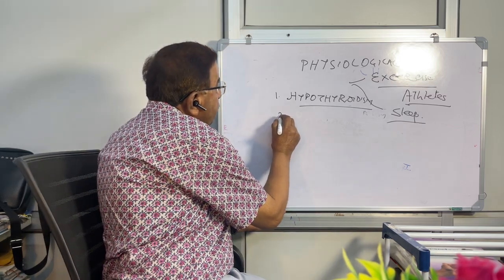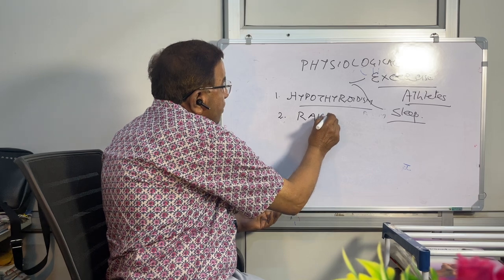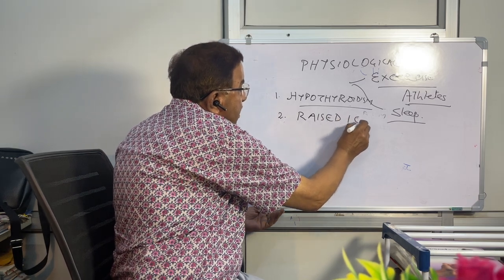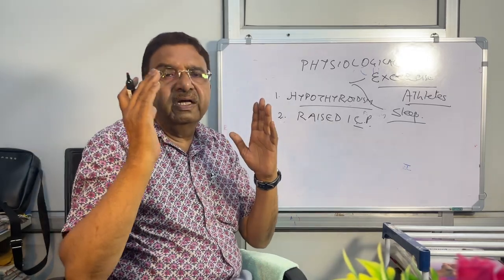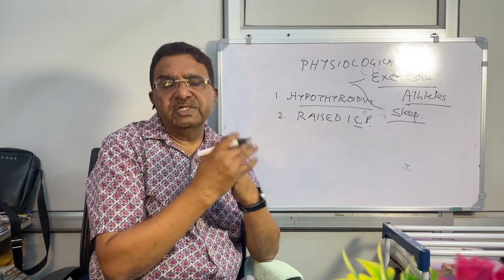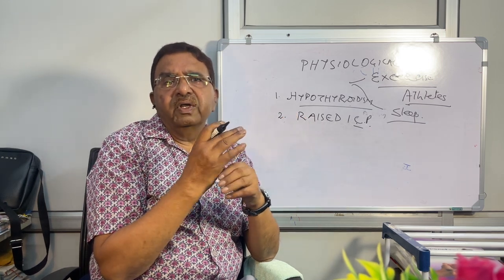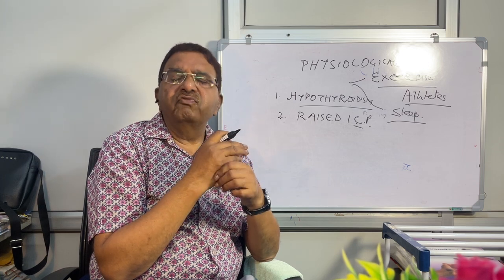Second pathological cause: raised intracranial pressure. The pressure of the brain, the CSF pressure, is called intracranial pressure. It is measured in water, 50 to 80 millimeter of water.